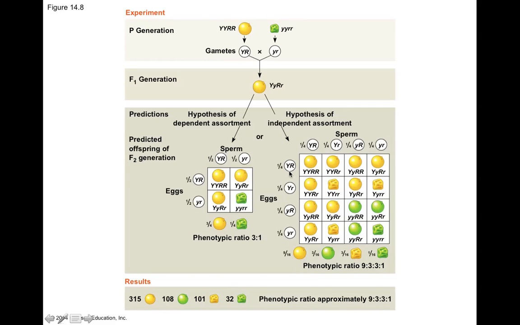The evidence supported independent assortment: that the genes for these characteristics were transmitted to the offspring independently from each other. And he got this very characteristic 9:3:3:1 ratio based on how the gametes were assorted.